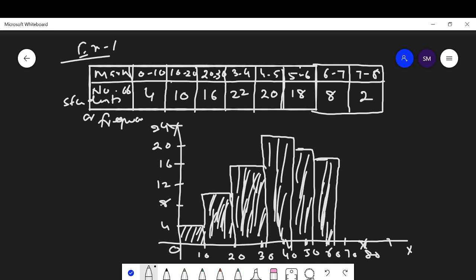Then 60 to 70, 8 students. Then 70 to 80, how many students? Only 2 students. This is like this. This is a histogram. You can find out very easily the difference between a bar graph and a histogram.